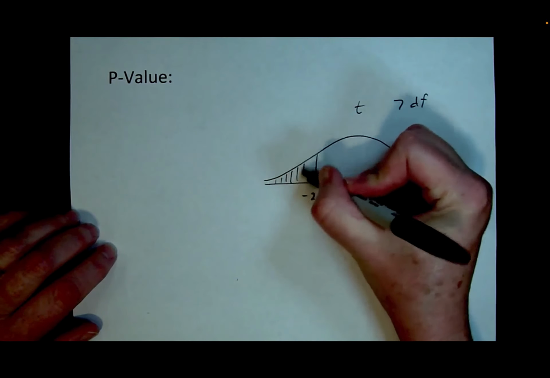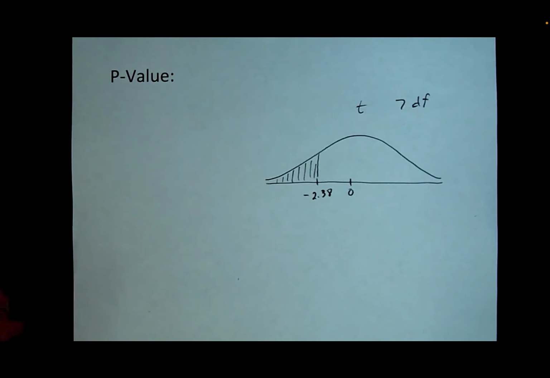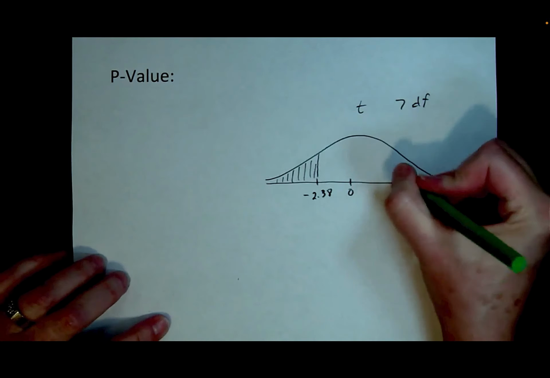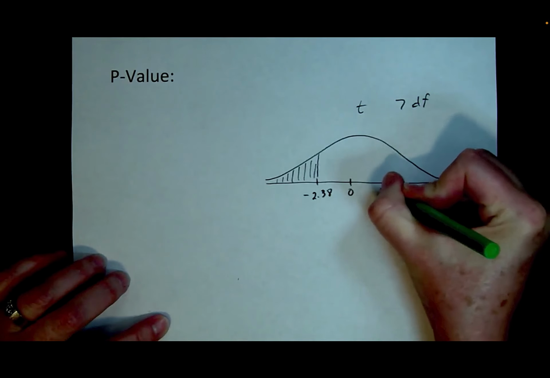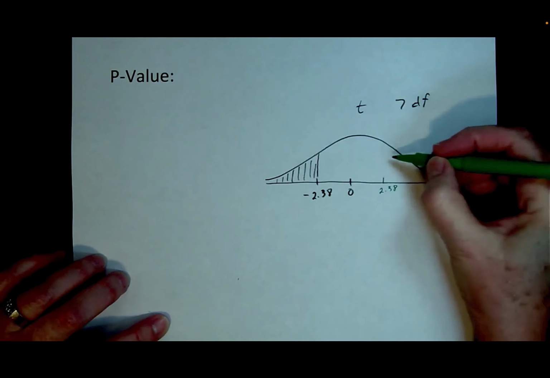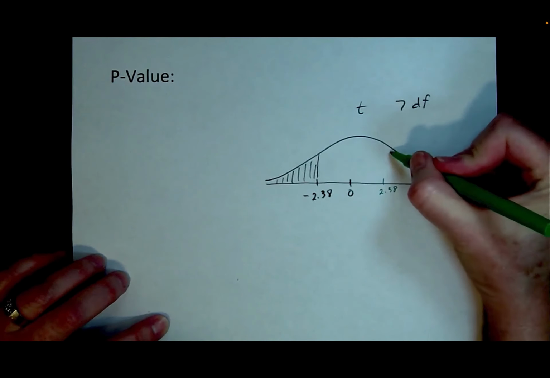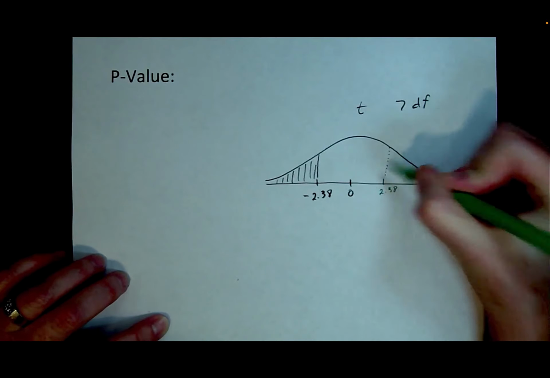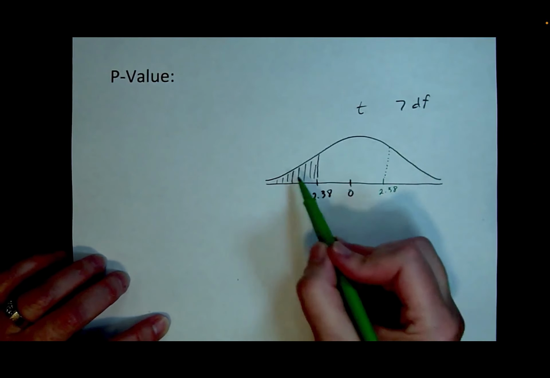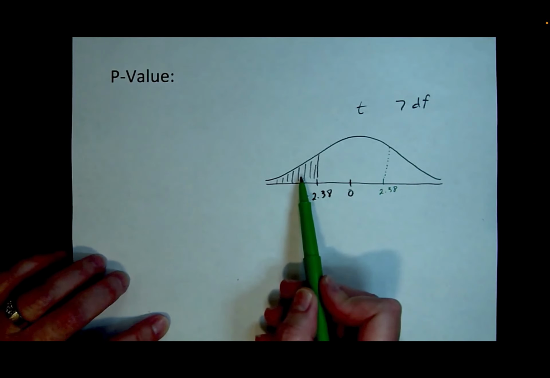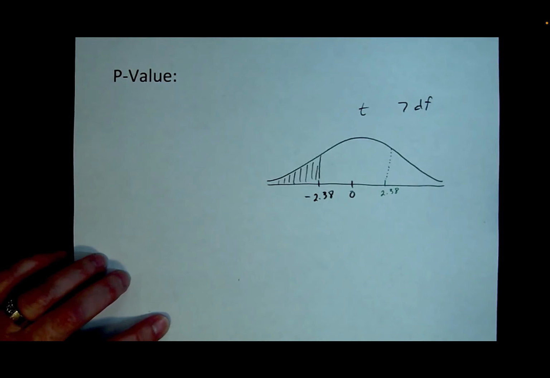That's going to be my p-value. The t-table, though, doesn't give areas to the left. It gives areas to the right. So what I'm actually going to be looking up is 2.38, and what the table's going to give me is the area here, but that's the same as the area there because the t-distribution is symmetric.